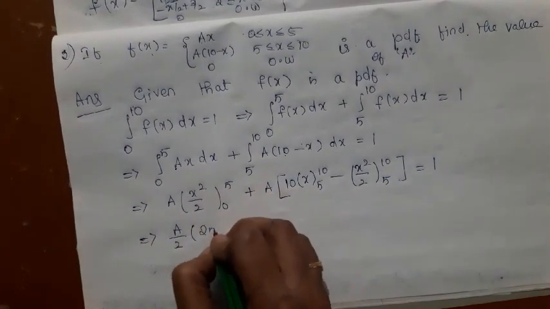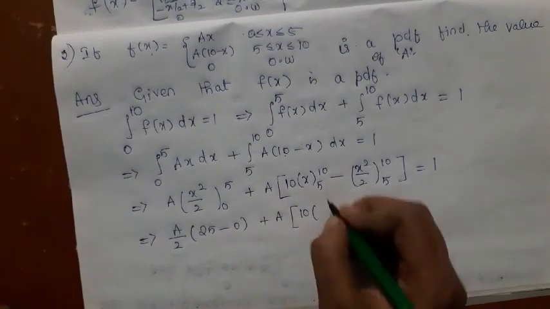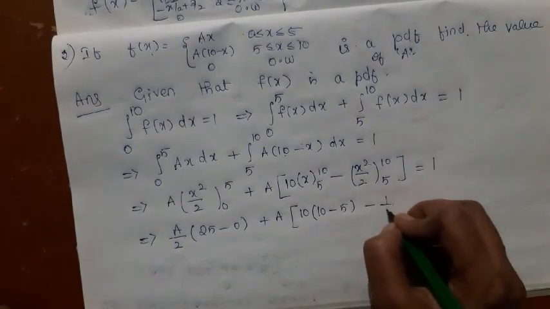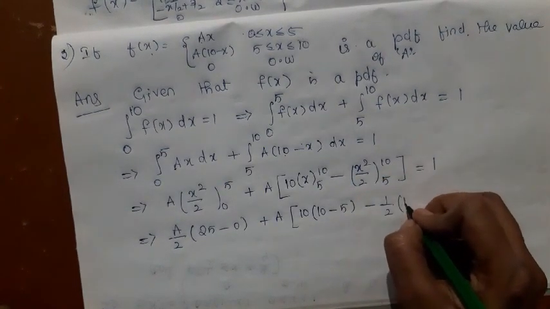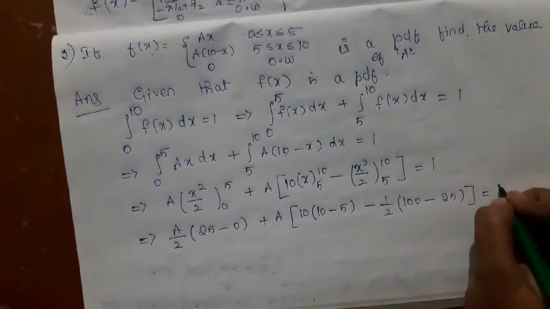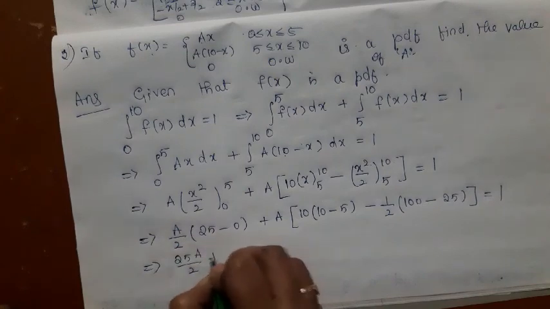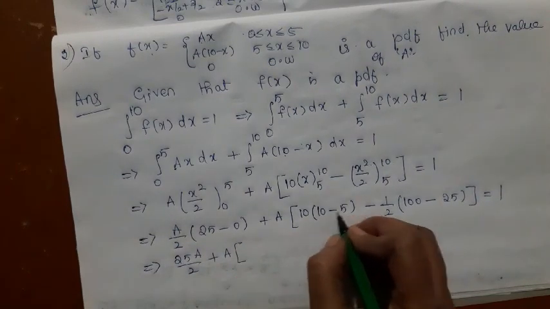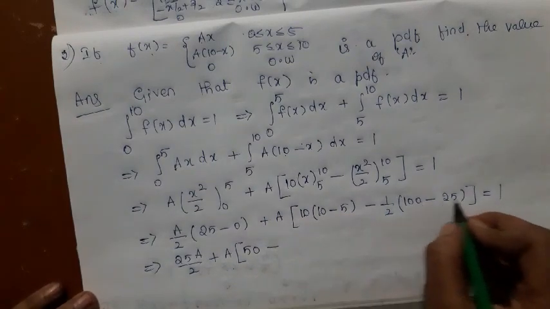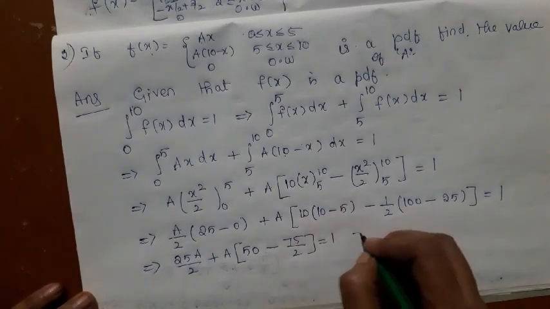5 square 25 minus 0. Upper limit 10 minus lower limit 5. Upper limit 10 square 100, lower limit 5 square 25. So you get 25a by 2 plus a into 10 minus 5 is 5, 5 into 10 is 50, 100 minus 25 is 75 by 2 is equal to 1.